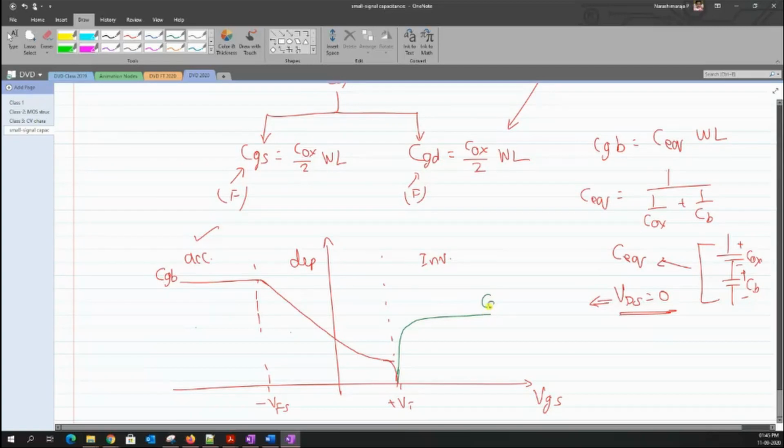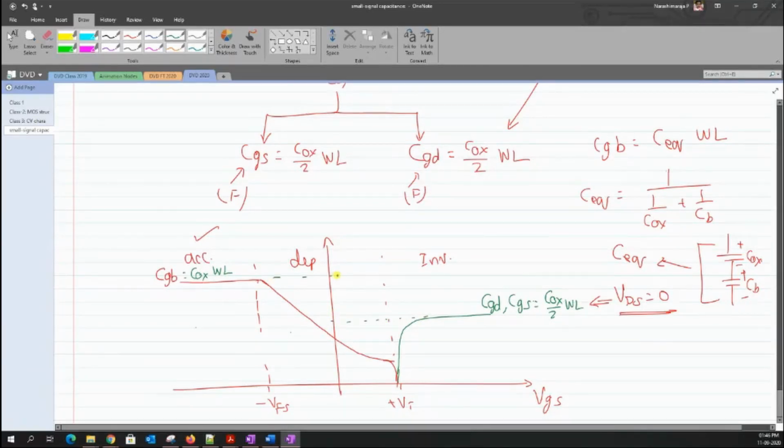If I want to compare, the comparison gives us half the value of COX into the length and the width. But this one had COX into width into length, so it would be exactly in the middle.